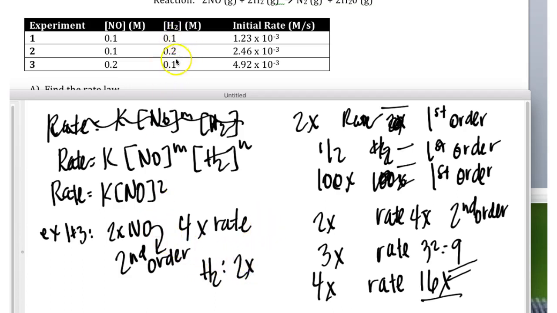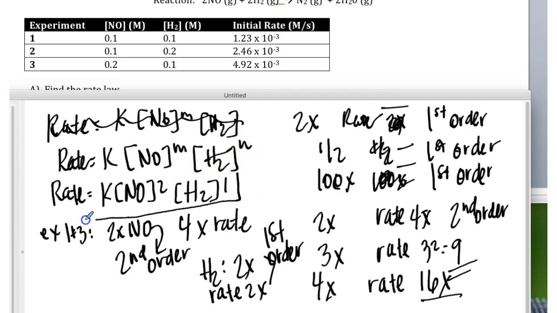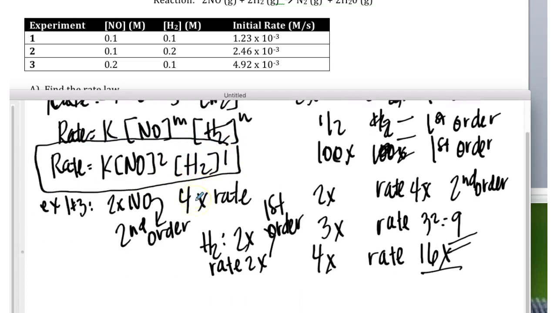If H2 doubles, the rate doubles. It's directly proportional. So that means H2 is actually first order. So we're going to put a 1 there. So this is the rate law. That is the correct rate law.